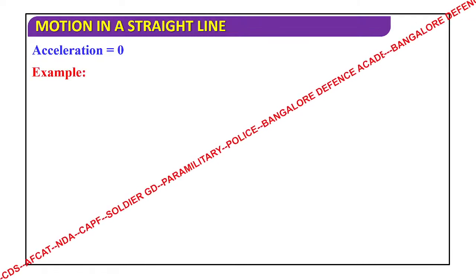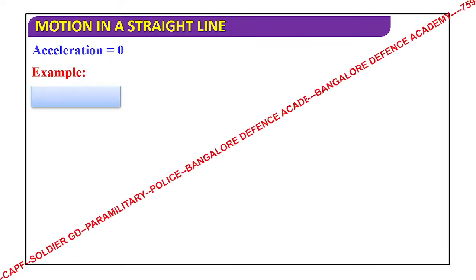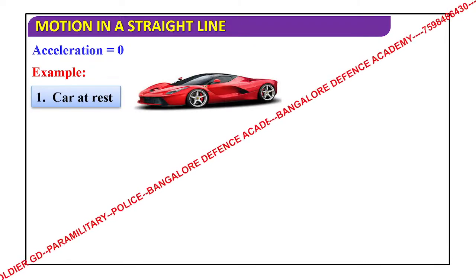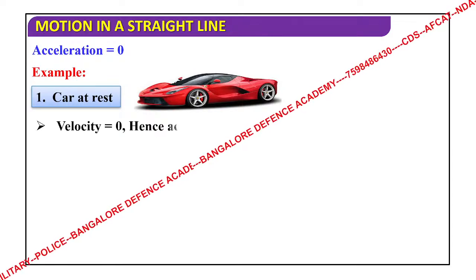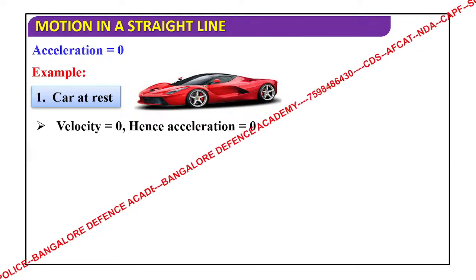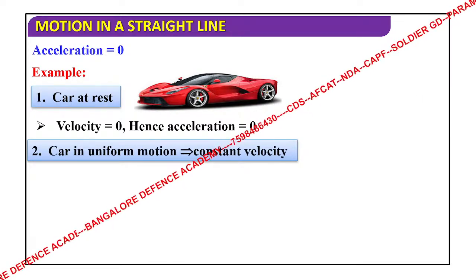Now, let us try to understand when an acceleration can be zero. Look at this. If a car is at rest, there is no acceleration, velocity is zero, hence acceleration is zero. Second, a car in uniform motion or constant velocity.